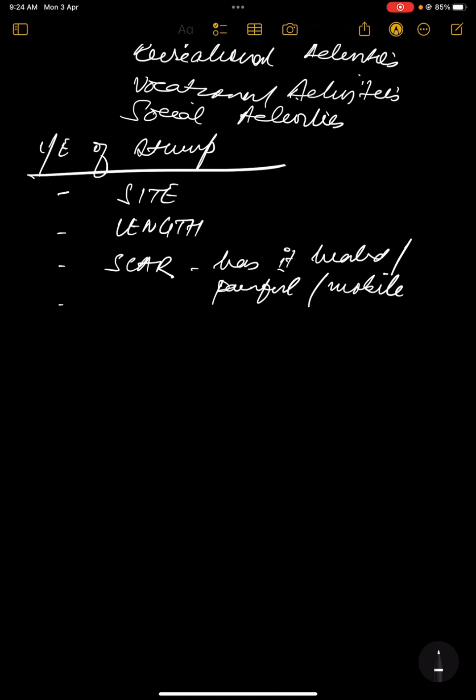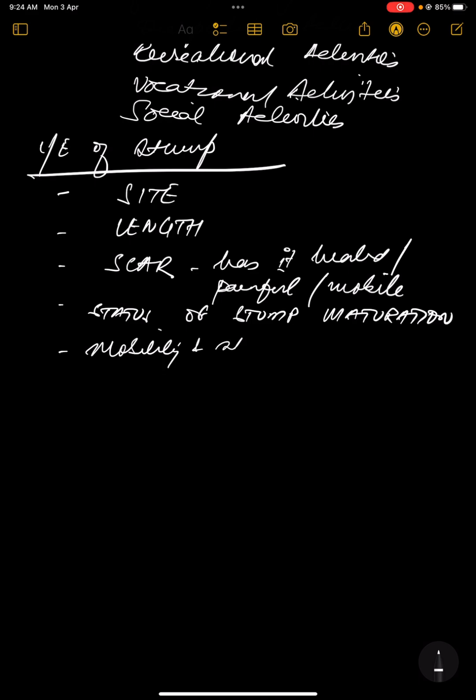What is the status of maturation of stump? I mean, is it going to shrink further or not? Mobility and stability of the proximal joint. And power on the proximal joints.